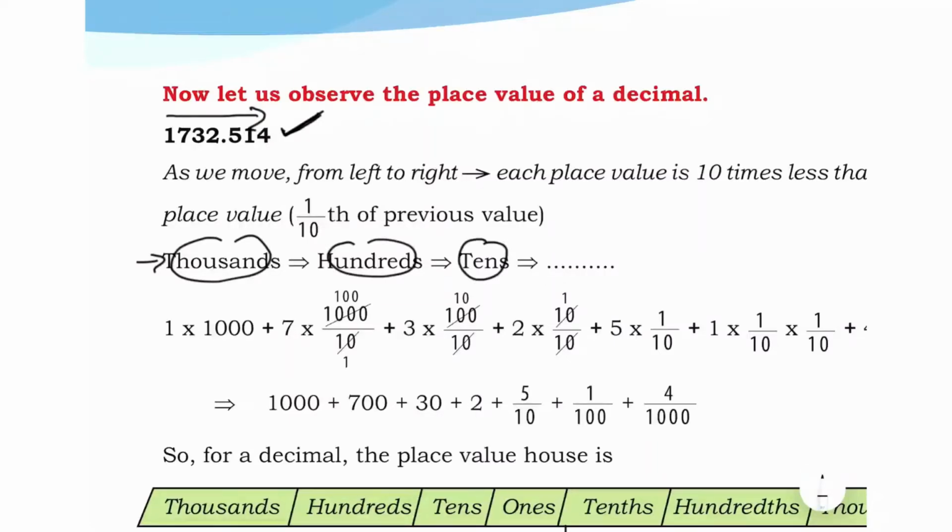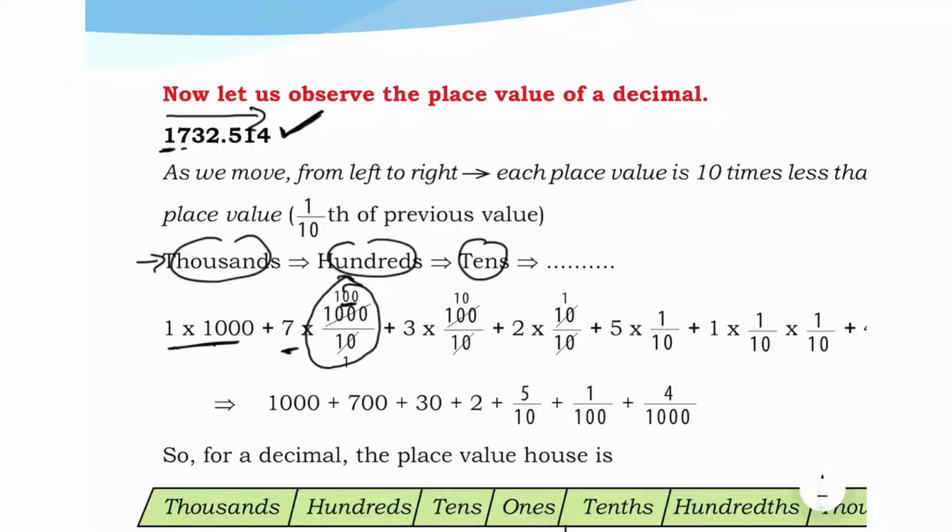So if you have to expand this particular decimal number, this is how you can write it. 1 is in the thousands place, so the value is 1 into 1000. 7 is in the hundreds place, so you can write it as 7 into, have a look at this, 1/10 of 1000, you can write it as 1000 by 10. That is 100.